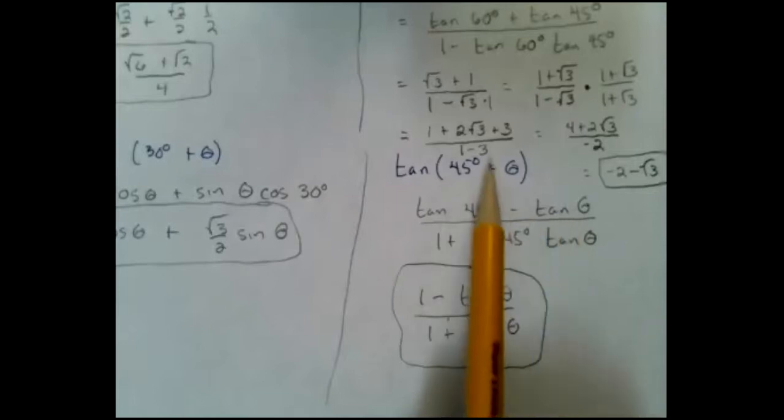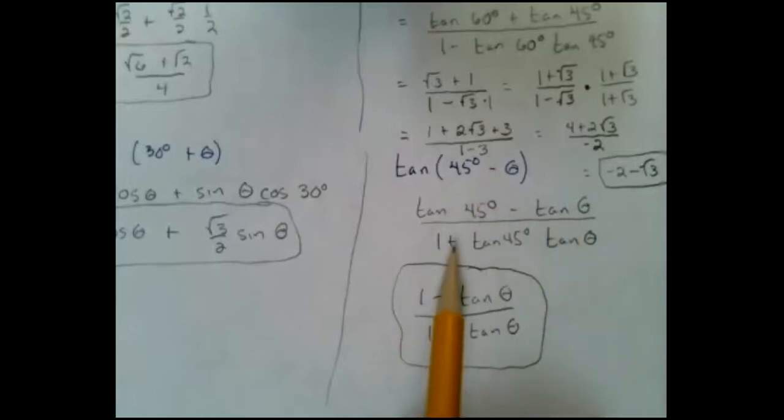Tangent of the first minus tangent of the second, minus and minus, over 1 plus tan first, tan second. Tangent of 45 luckily is 1, so I get 1 minus tangent of theta over 1 plus tangent of theta.